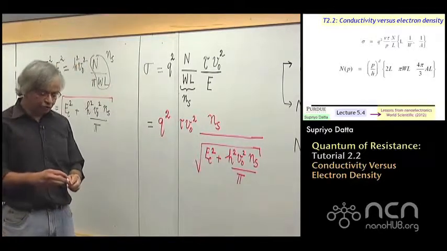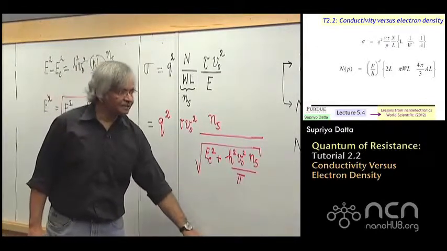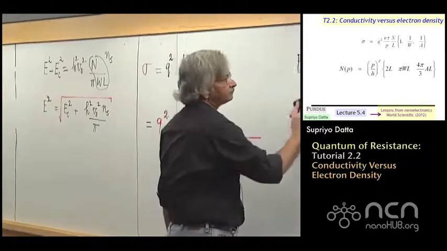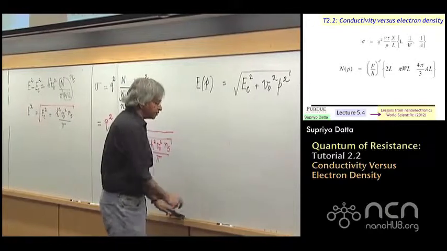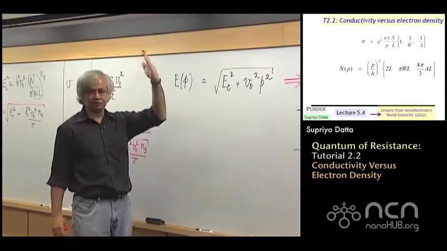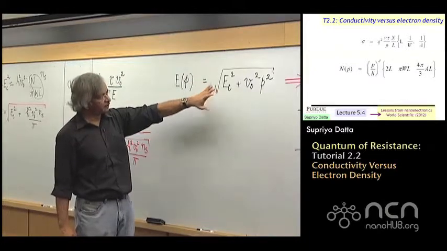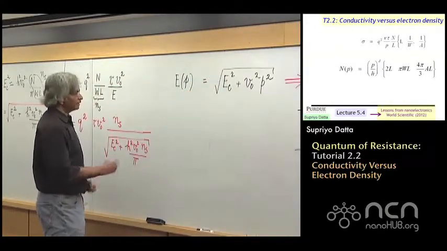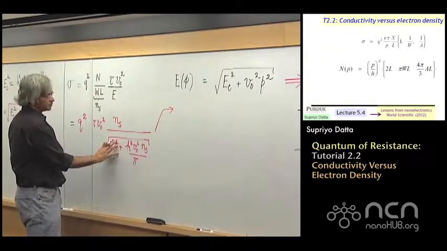Now you could try out the two special cases I mentioned. For example, we could set EC equal to 0. That would get us back to the case we discussed in the lecture module, I believe 2.4. That is, graphene is when we set EC equal to 0. If you do that, then EC drops out.